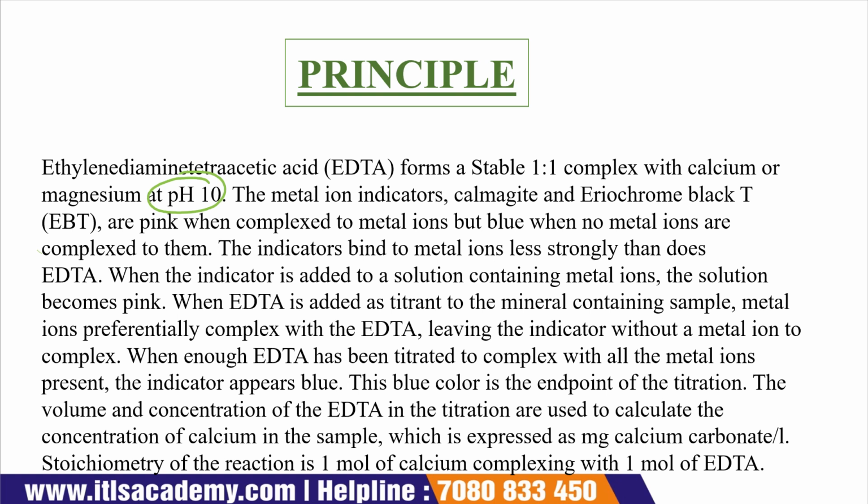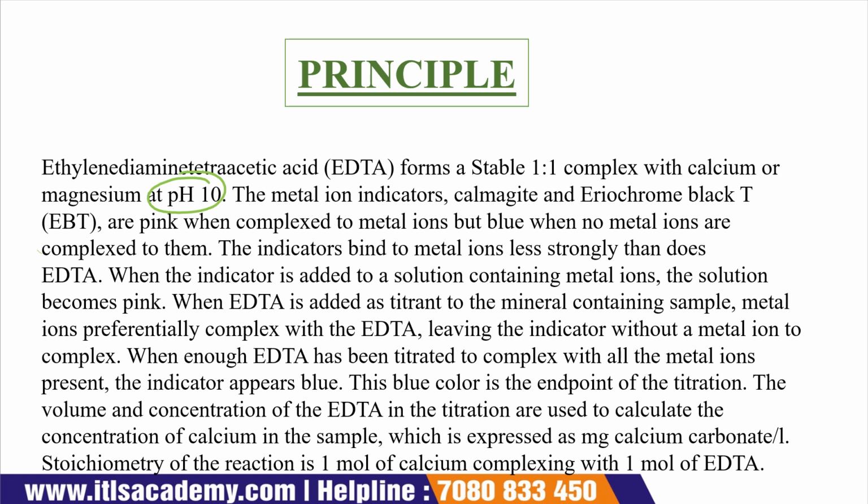And when we use metal ion indicators, that is Calmagite and Eriochrome Black T, also called EBT, the pink color is formed when complexed with the metal ion, but blue color is formed when no metal ions are complexed to them.